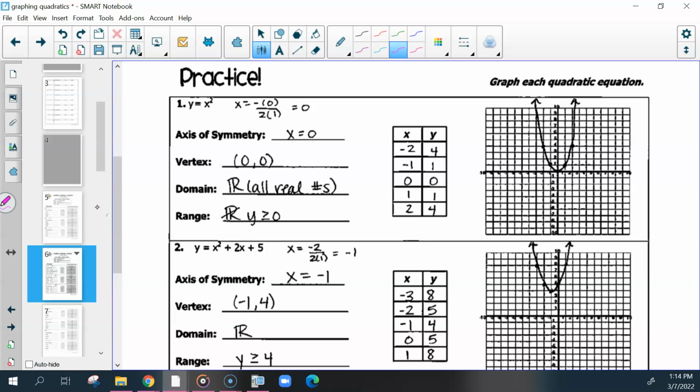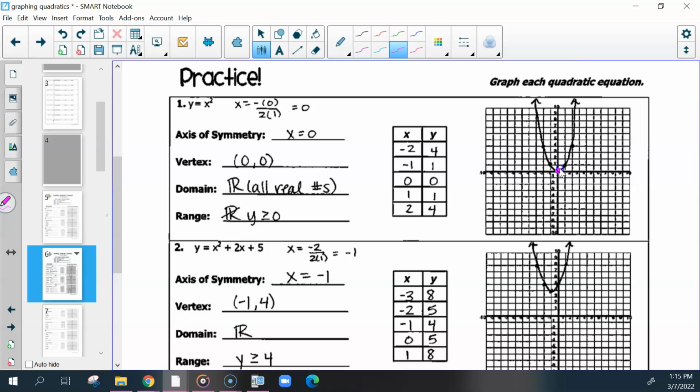We're looking to see where, if at all, does this cross the x-axis? Does this cross the x-axis? Cross or touch, I should say. Does. But just at one place, right here.